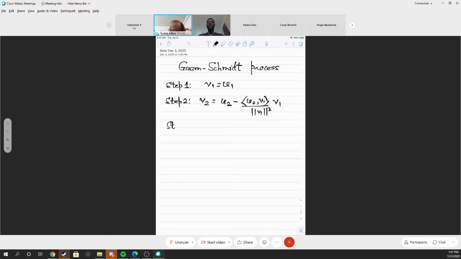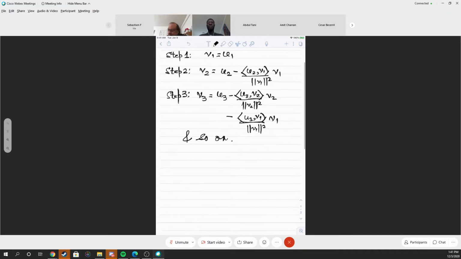Step 3, V3 equal to U3 minus the inner product of U3 and V2 over the norm of V2 squared, times V2, minus the inner product of U3 and V1 over the norm of V1 squared, times V1, right? And like this and so on. Okay, so that's the story.